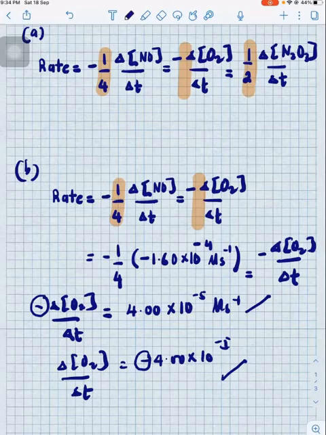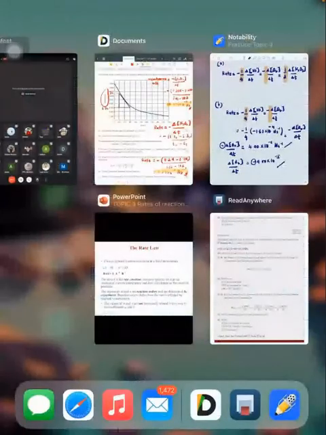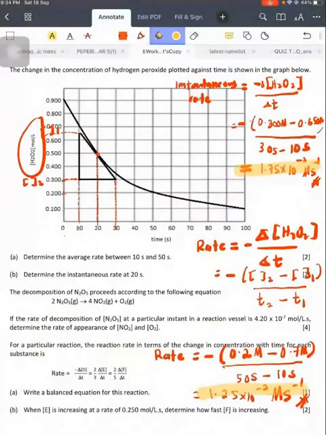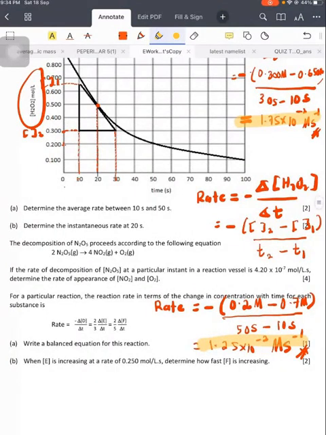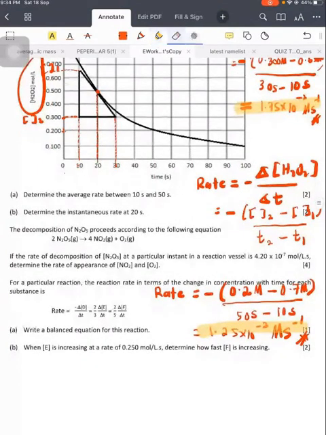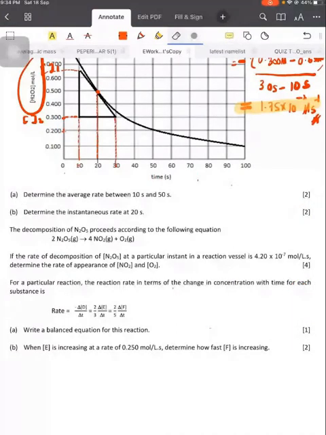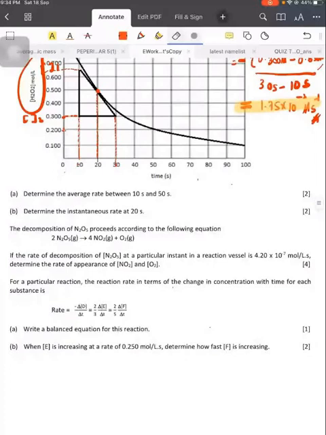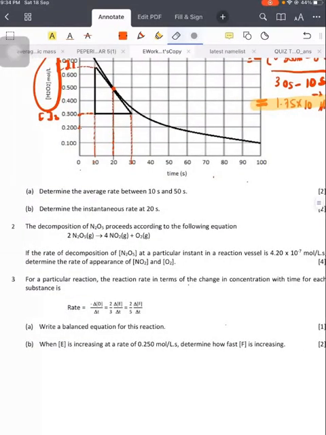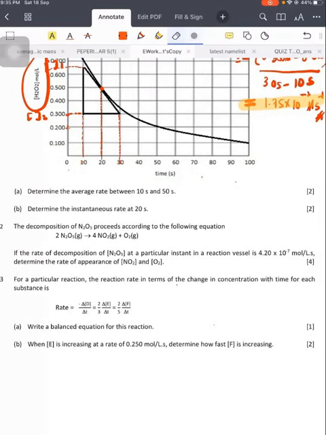Later you can try 16.1b. Maybe we can look at one question from our workbook before we end our live class today. We do the question that is suitable, related to the rate expression. So let's have a look at number 2. Number 2 says the decomposition of N2O5 at a particular instant in a reaction vessel is 4.2 times 10 to the power of negative 7.